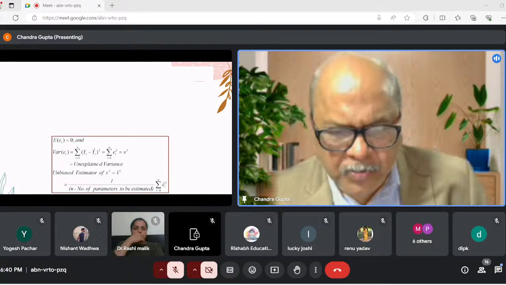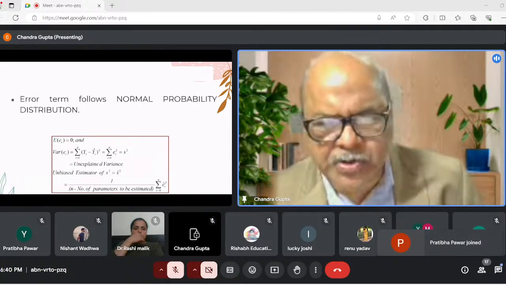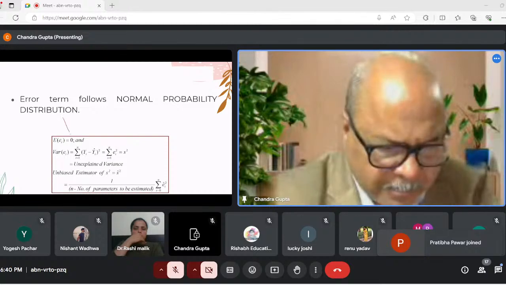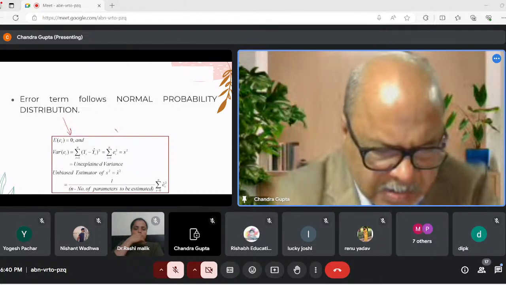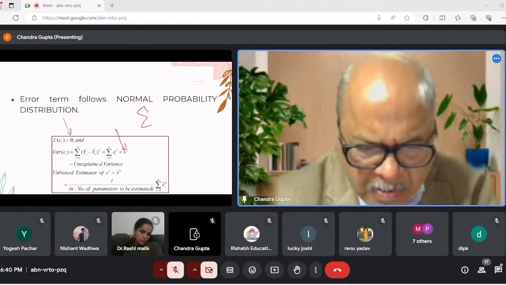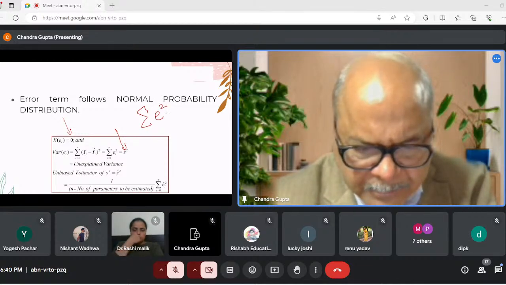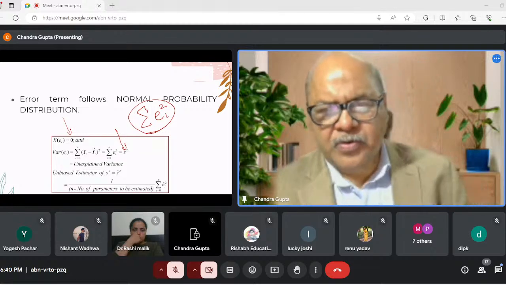The error term also follows a normal probability distribution with our assumption. Its mean is 0 and its variance is the variance of the summation of the error squares. That's what we get.